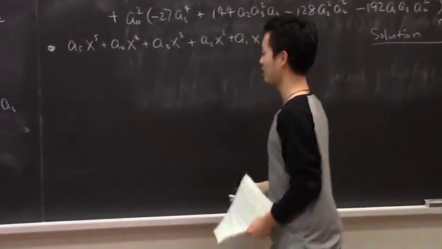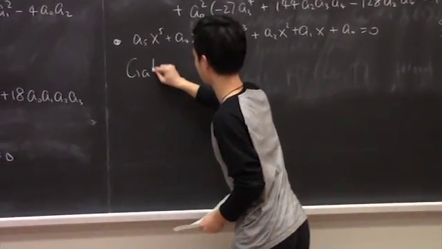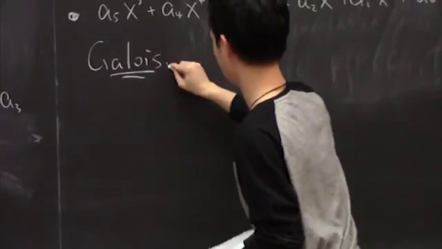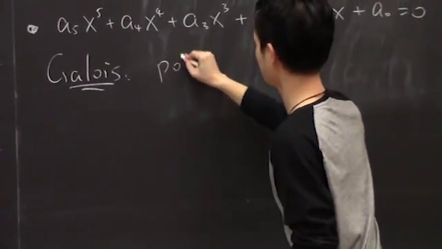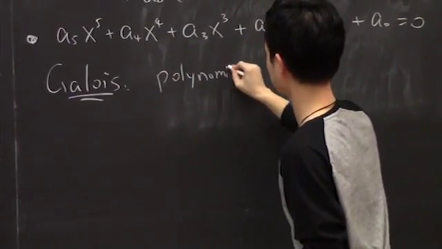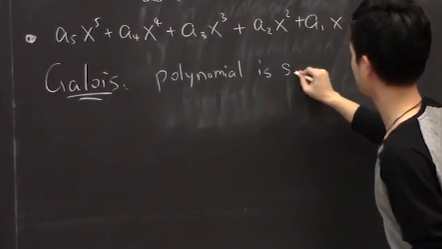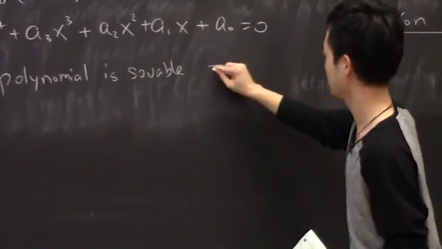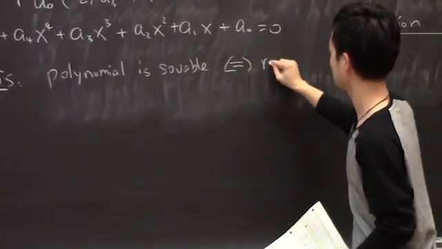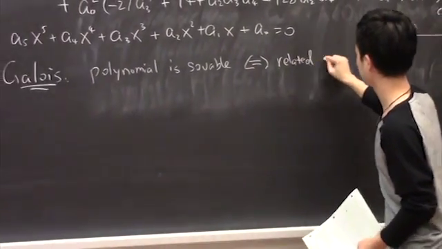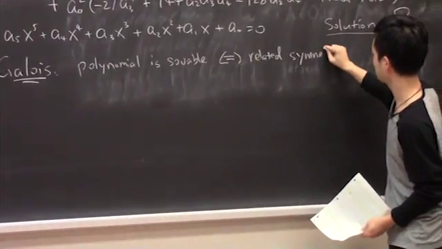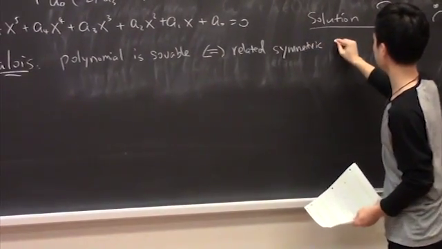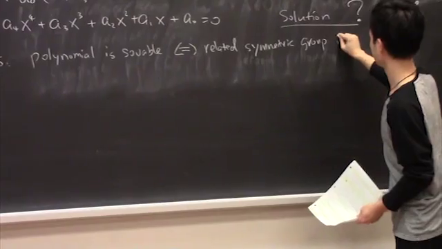Specifically, Galois theory says a polynomial is solvable, i.e. has general solutions, if and only if its related symmetric group is solvable.